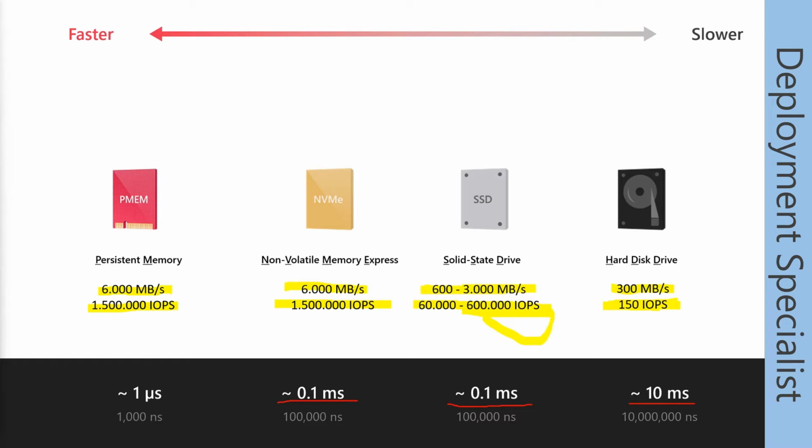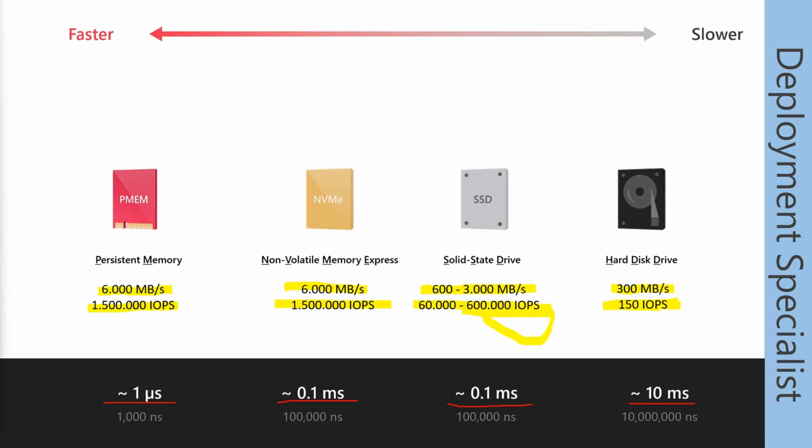It's already ultra fast, but the persistent memory is equipped in a memory slot of the main board. We have a shorter path to the CPU, and the persistent memory has something like 1 microsecond. So it's the fastest memory, the fastest storage we can actually get, in these persistent memory modules for a Storage Spaces Direct configuration with Azure Stack HCI.